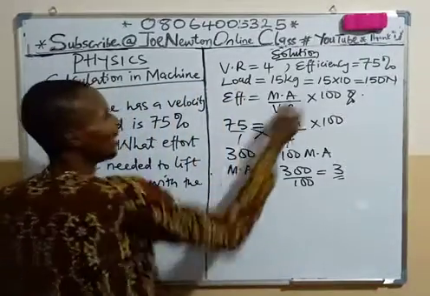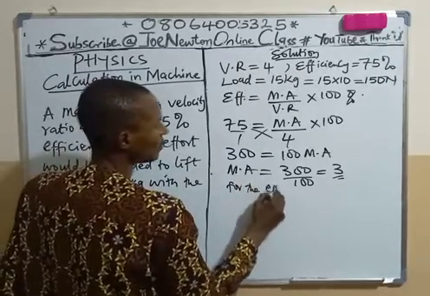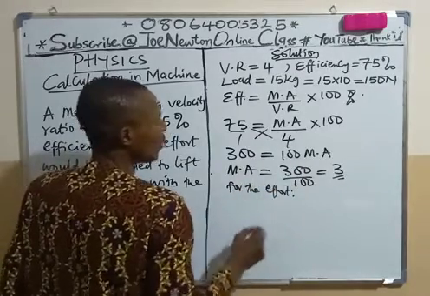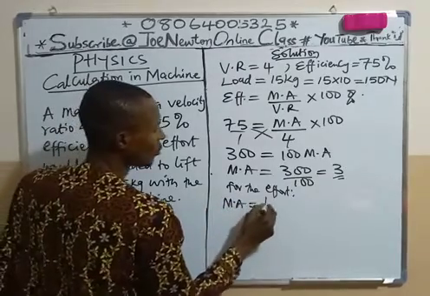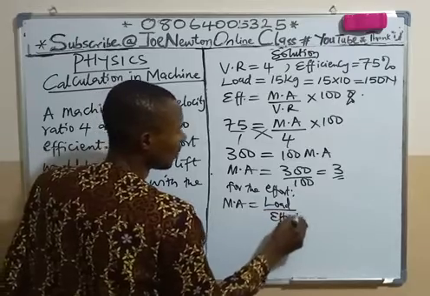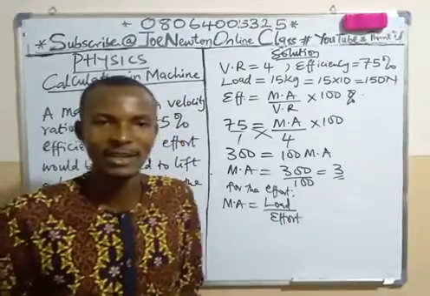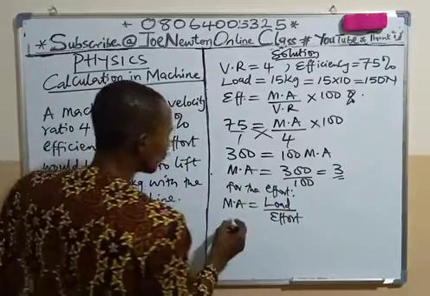Now for the effort, we find that MA is equal to load over effort. Hope you remember this. We discussed that in our previous class. Our MA is 3.